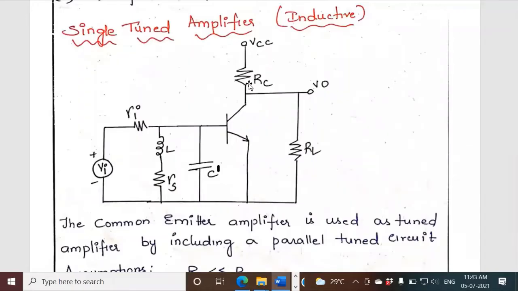So the next task is very easy. The same old story which we have been seeing from the first unit, we will repeat. Replace the transistor with its equivalent circuit, analyze, get results. That is what we are going to do next.